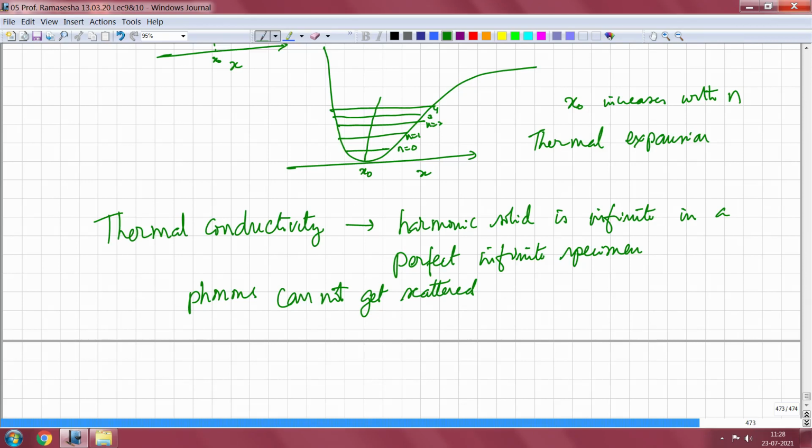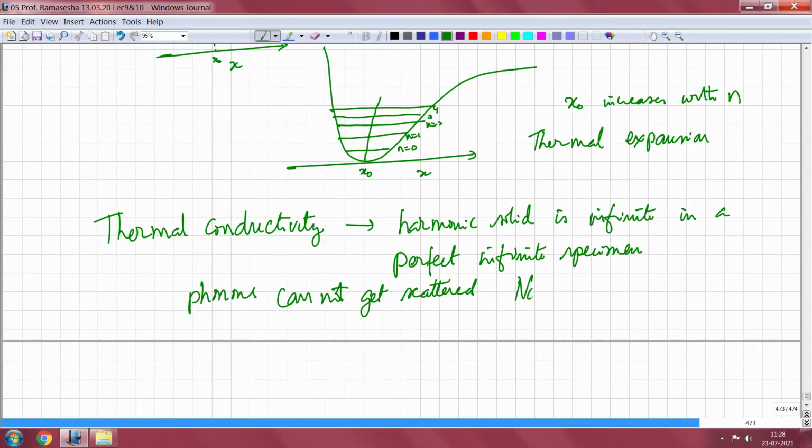Because it does not couple different phonons, a phonon with momentum q will continue to have momentum q as it travels through the whole specimen. Because of that, it does not lose its energy or its momentum, and so the thermal conductivity is going to be infinite. So there is no phonon scattering.